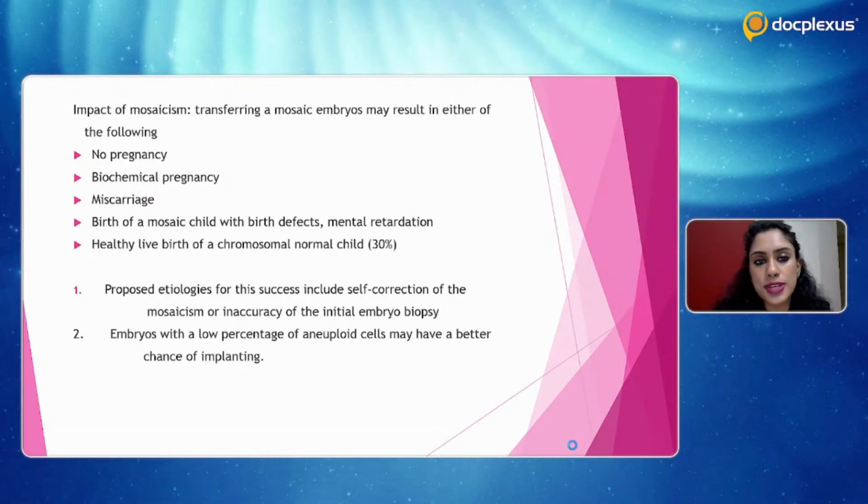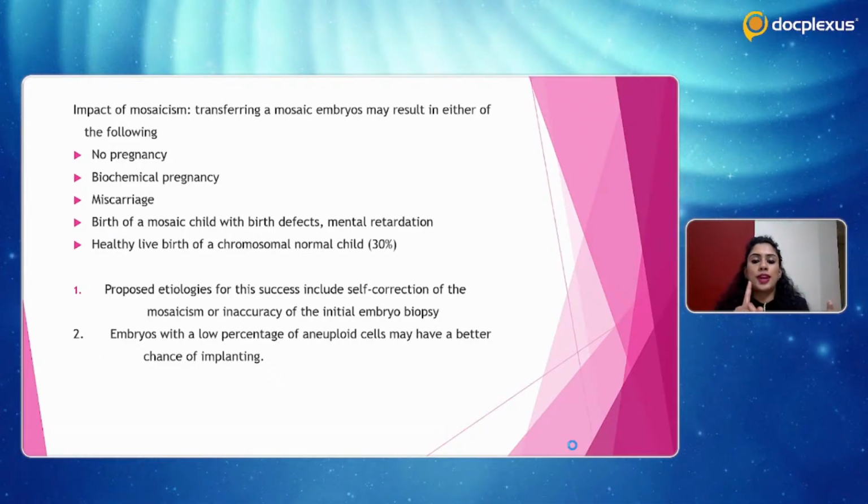Now, the impact of transferring a mosaic embryo may result in no pregnancy, or a biochemical pregnancy, or a miscarriage, or birth of a mosaic child with birth defects, mental retardation, or in about 30%, a healthy live birth of a chromosomally normal child.